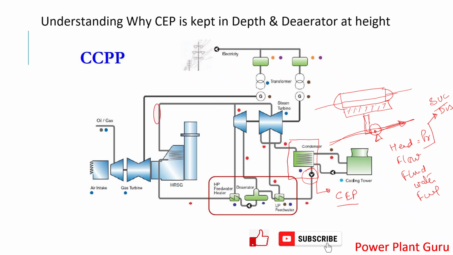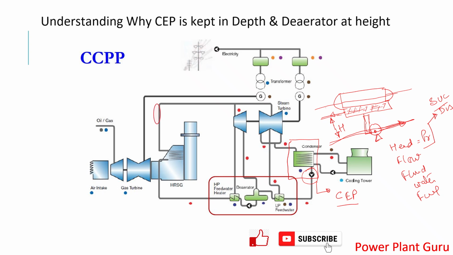So what is the minimum water level allowed in the hot well, after which the low level protection will operate and the unit may trip as well? That is what is designed, the delta between this lower level of the hot well and the pump suction eye. That is how it is designed.